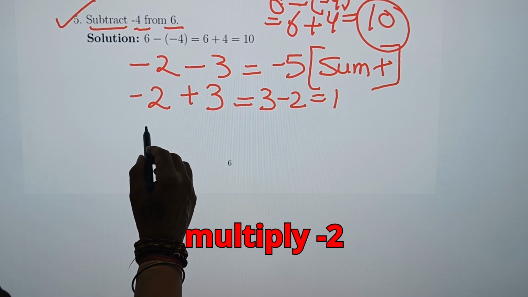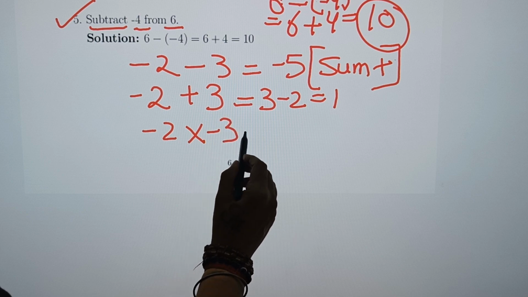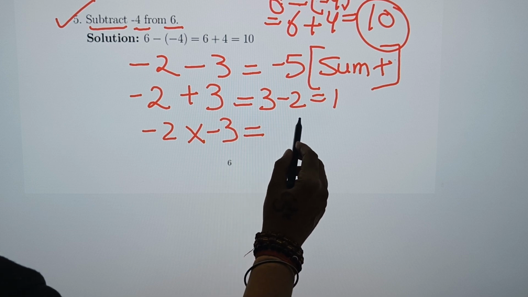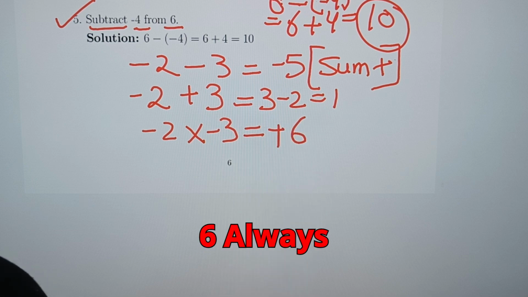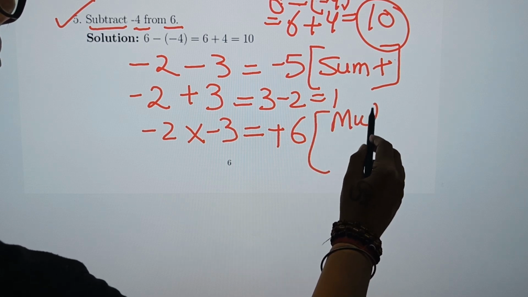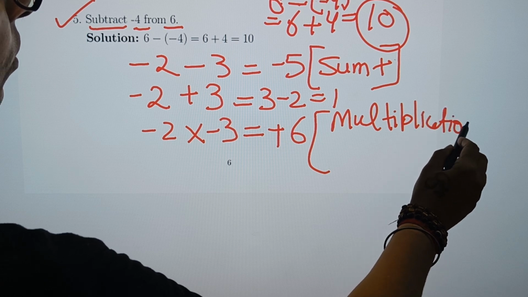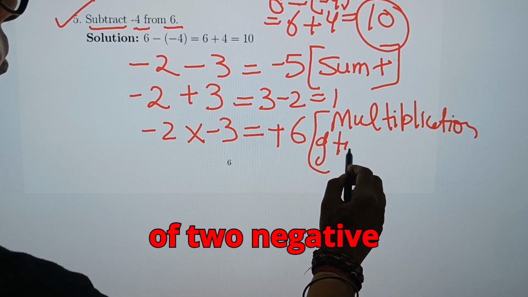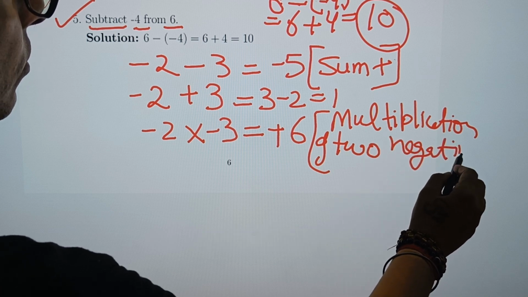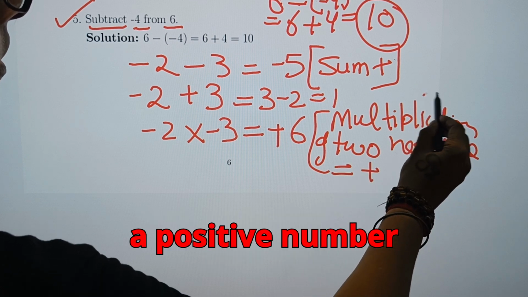If we multiply minus 2 into minus 3, then this is going to give you plus 6. Always remember, multiplication of two negative numbers, two negatives will give you a positive number.